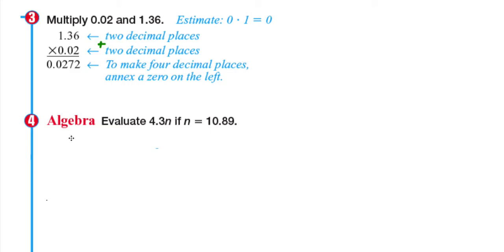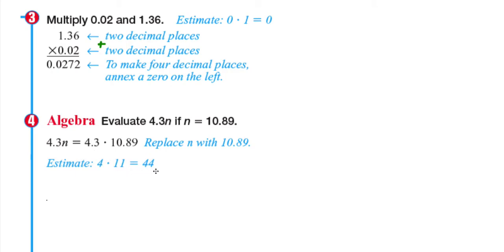So 4.3n equals 4.3 times 10.89, because we substituted the value of n, which is 10.89. Let's estimate our answer. 4 times 11, because this rounds to 4, this rounds to 11. Our answer should be close to 44.